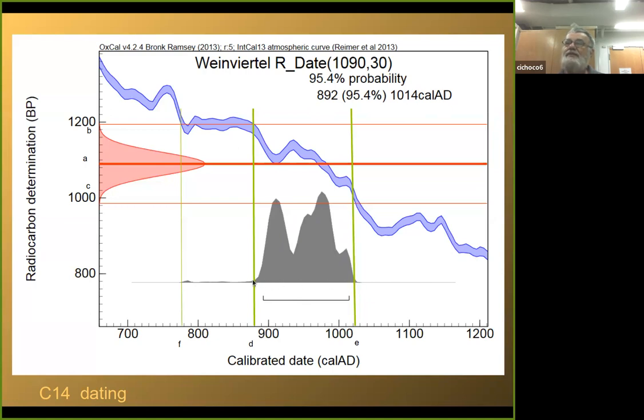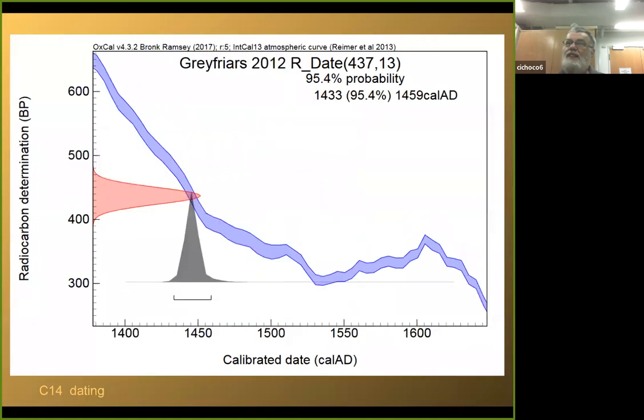But you have to keep in mind, there are some 5%, a little bit less, which are outside this area. So it might be even younger. There is not a very high probability, but it is possible. So this is the problem with C14. Very rare situations occur where the C14 result looks like this.